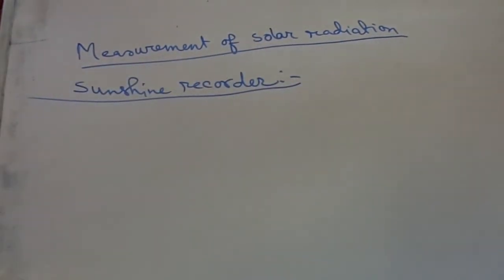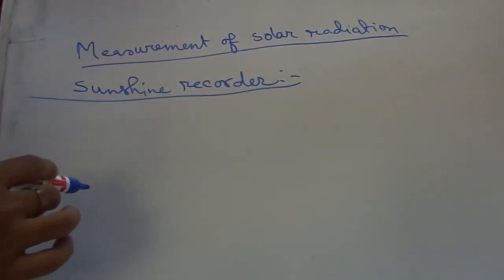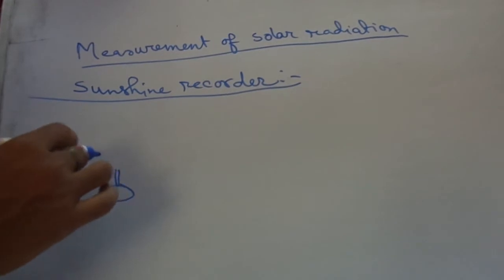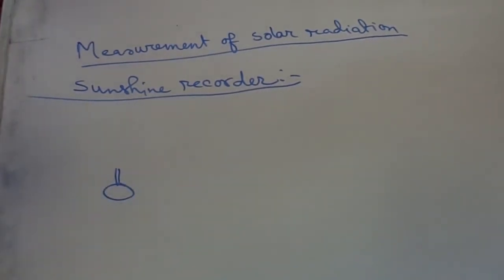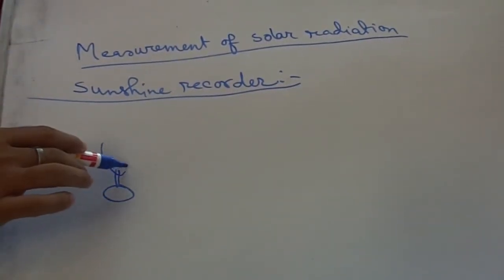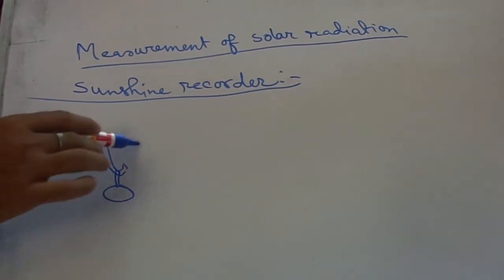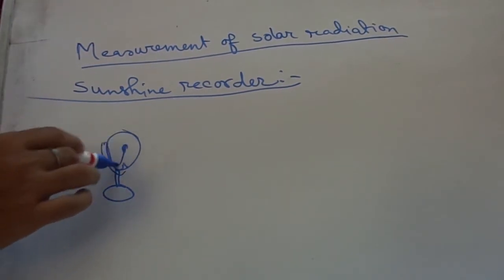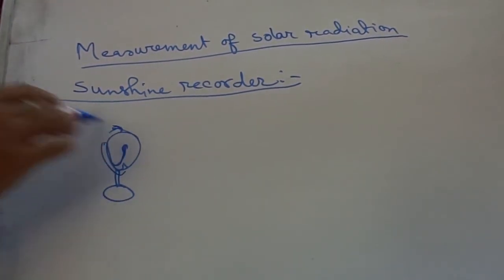First one, you draw the diagram. It looks like this. There are two arrangements, one here, another one there.